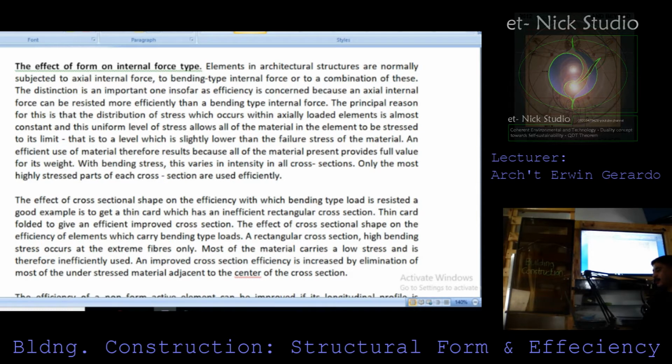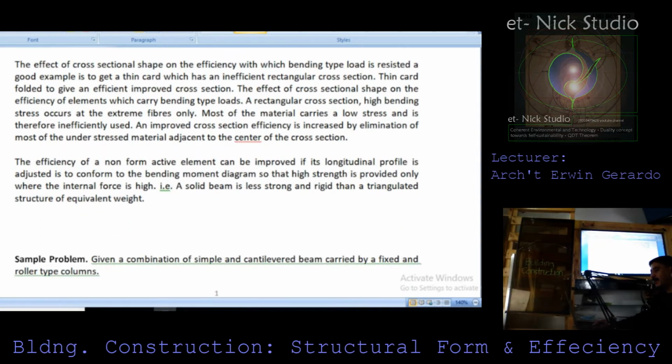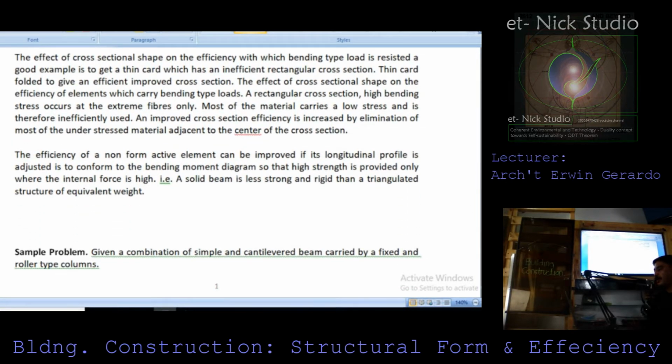With bending stress, this varies in intensity in all cross sections. Only the most highly stressed parts of each cross section are used efficiently. The effect of cross-sectional shape on the efficiency with which bending type load is resisted.